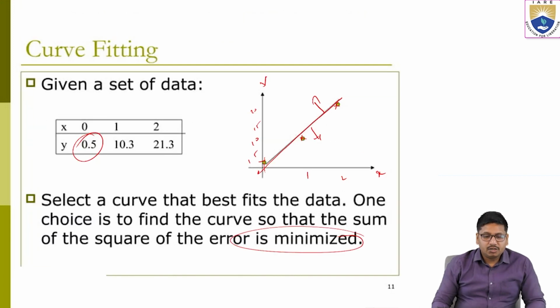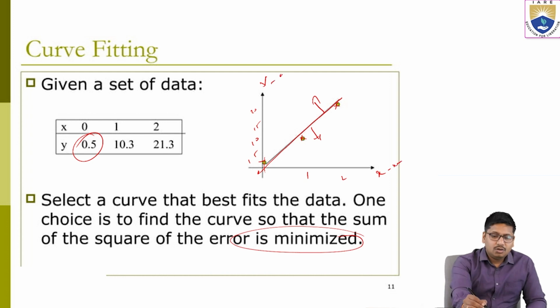For a given set of data, how are we going to establish a graph like this? For that, we consider the x-axis and y-axis, taking the values of x as 0, 1, and 2, and taking the values of y, then construct a line. Some of the points may lie below the curve and some may lie above the line.